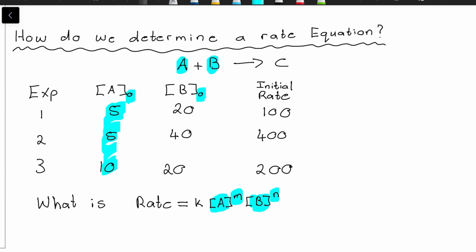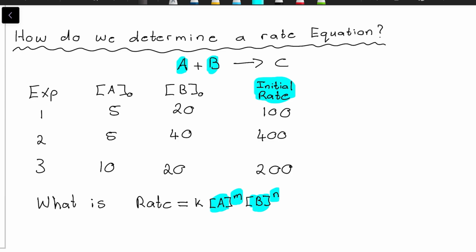It means the initial concentration of A and B. So let me just take that away, and you'll notice something specific about it just now. So you vary the concentrations of the reactants to see how the initial rate of the reaction varies.